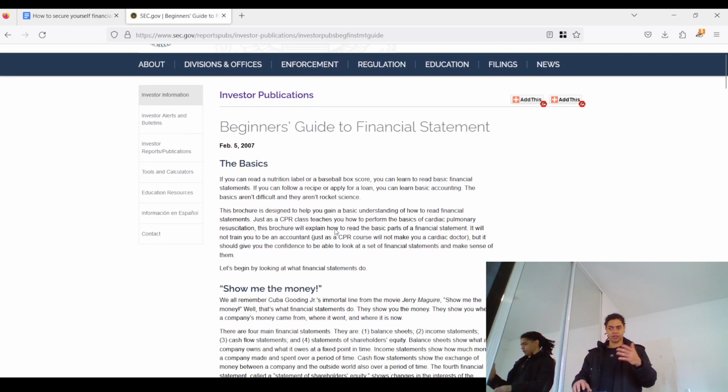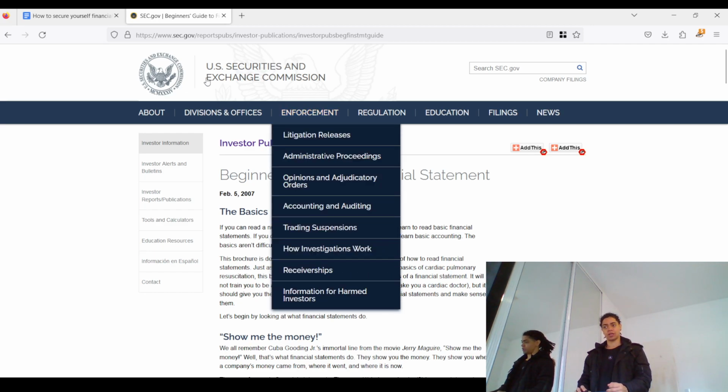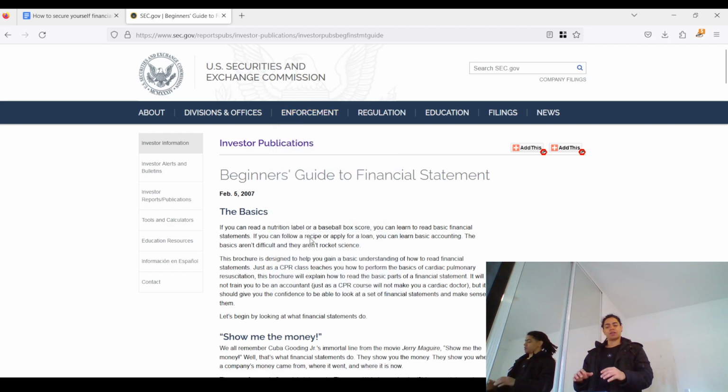So the SEC, the U.S. Security and Exchange Commission, created this content to say that if you're able to read a nutrition label or a baseball box score, you can learn to read the basic parts of a financial statement.